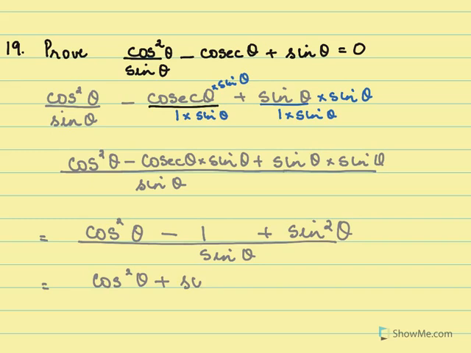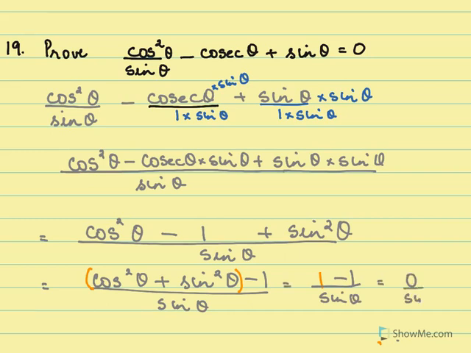So cos square theta plus sine square theta minus 1 over sine theta. Now this cos square plus sine square is 1. And this is minus 1 over sine theta. So 0 over sine theta, and that is 0.